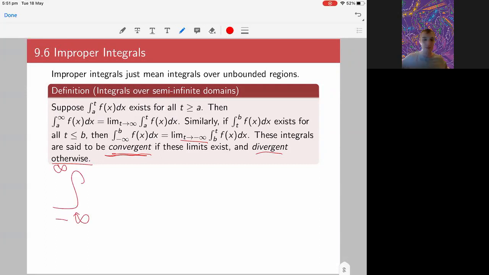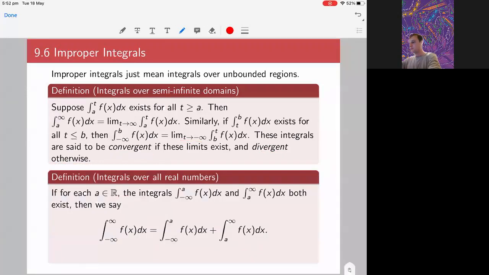The last thing we'll do in this integral chapter is explain what it means to integrate from minus infinity to plus infinity, because that's an integral I just included without really describing its definition. And the definition is as follows. If, no matter what a you pick, these integrals exist, with respect to the definition just given, then we can define this integral from minus infinity up to infinity to be the sum of these two particular integrals.